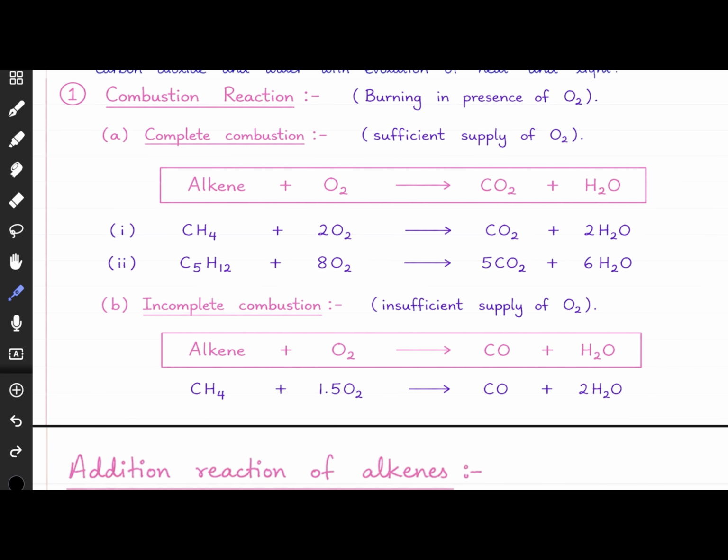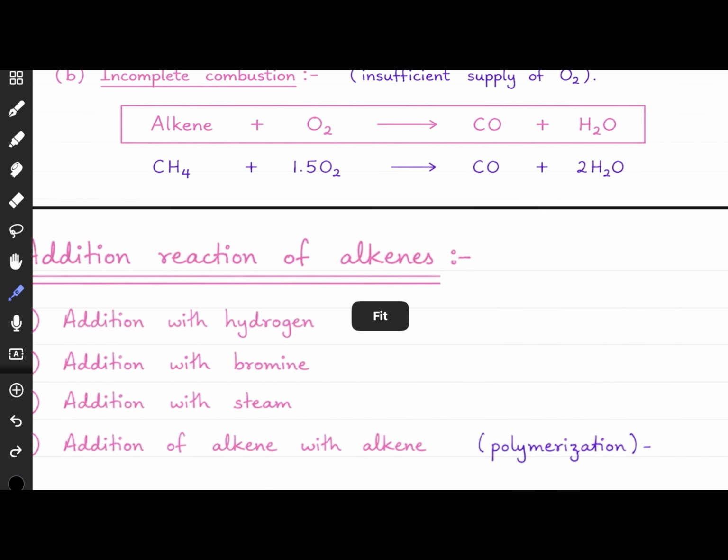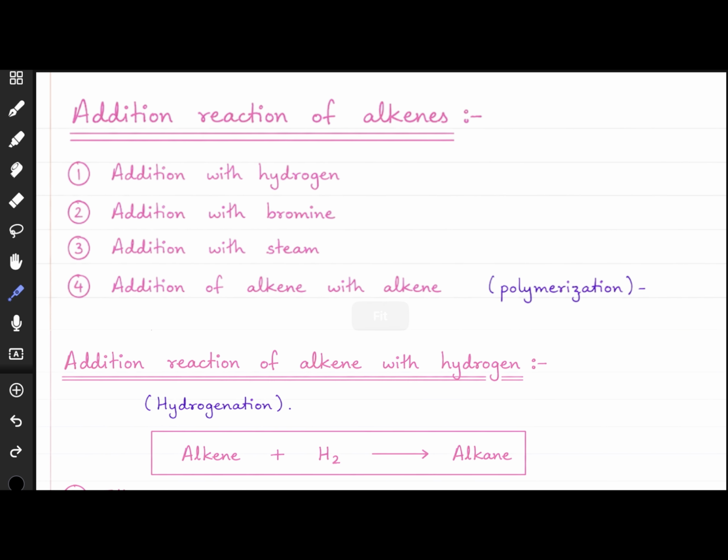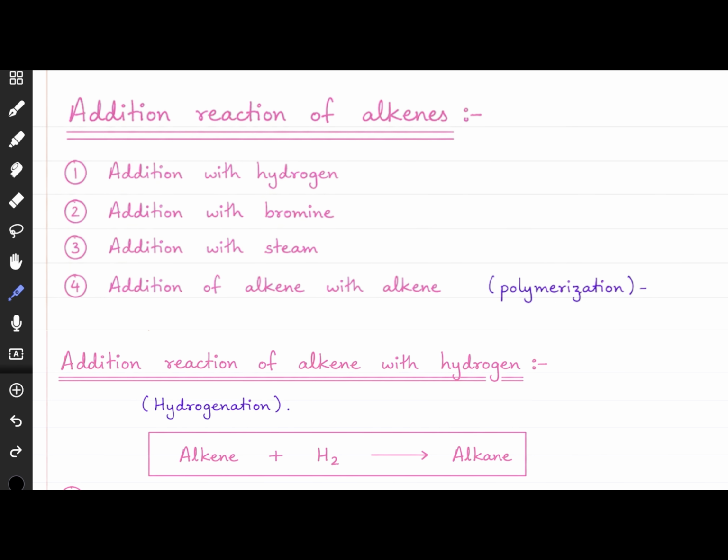The products of complete combustion are carbon dioxide and water, whereas the products of incomplete combustion are carbon monoxide and water.